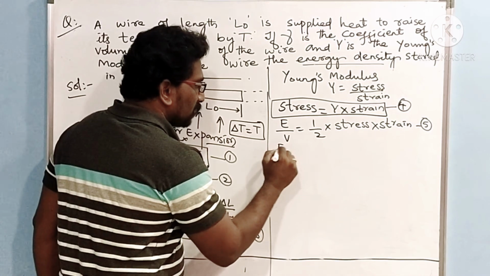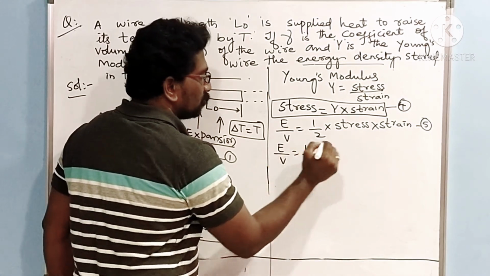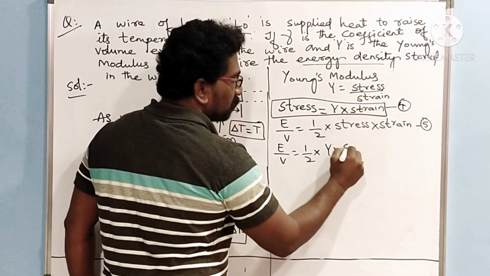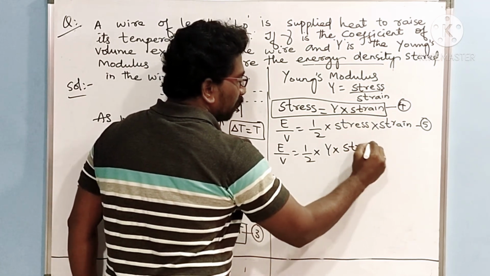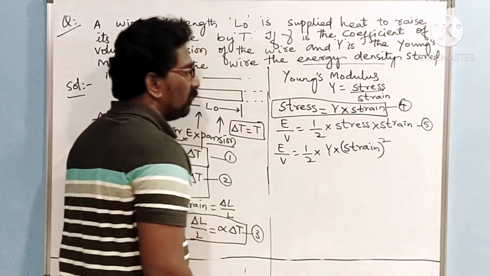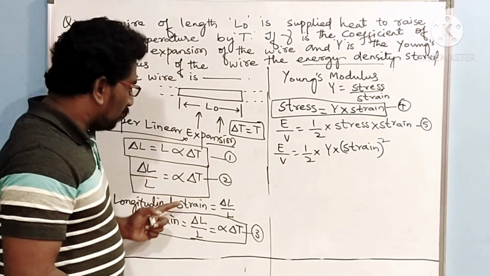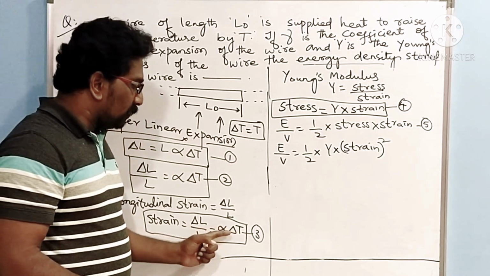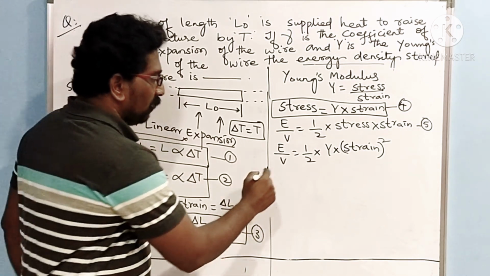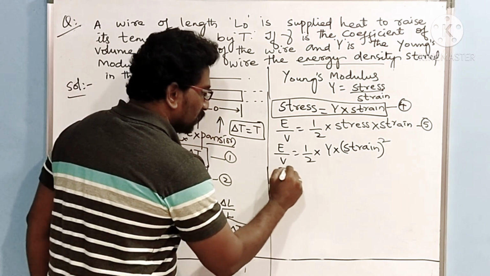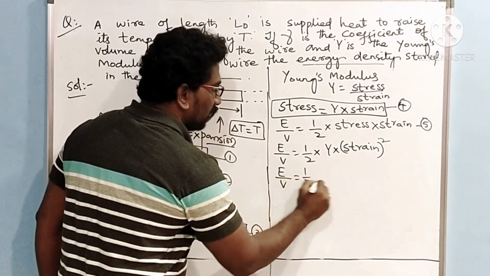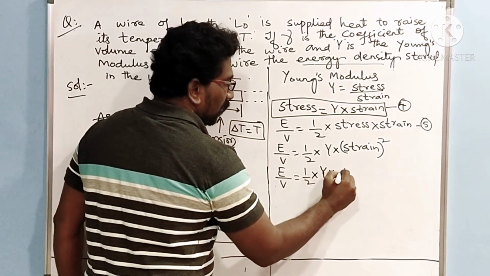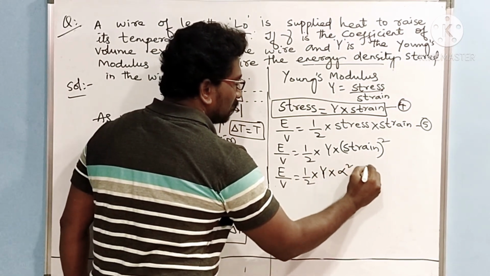Your equation becomes E over V equal to 1 over 2 into Young's modulus into strain whole square. Now what is strain? Strain is the longitudinal strain, that is delta L over L, which is equal to alpha delta T. So if you substitute alpha delta T, your equation becomes E over V is 1 over 2 into Young's modulus into alpha square delta T square.